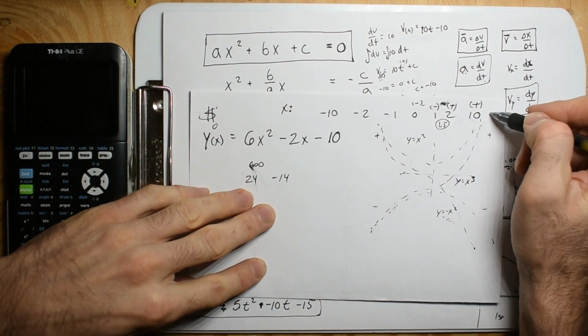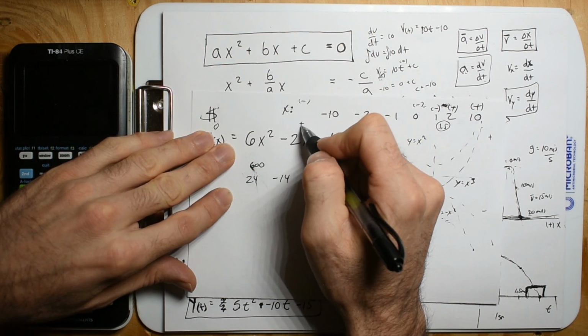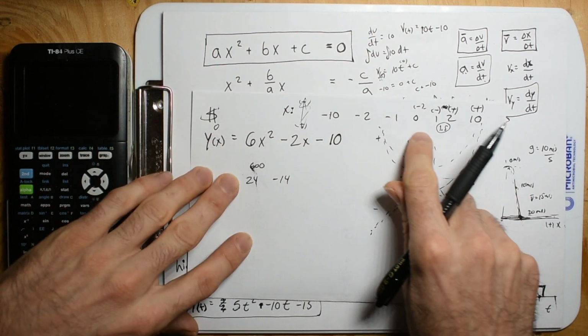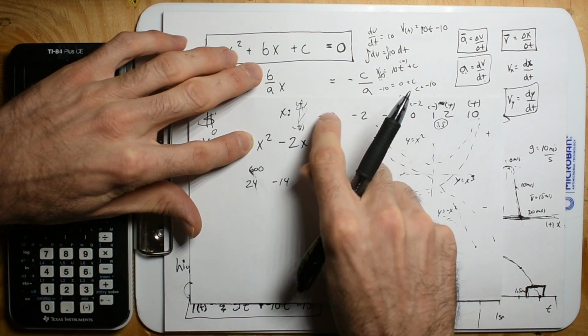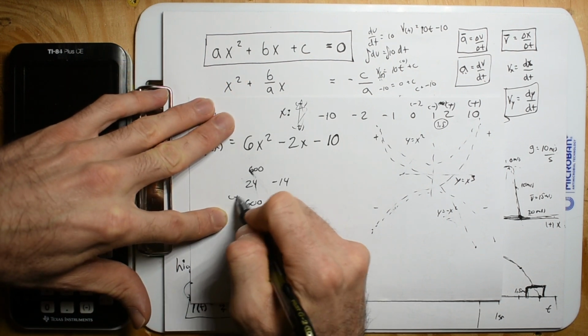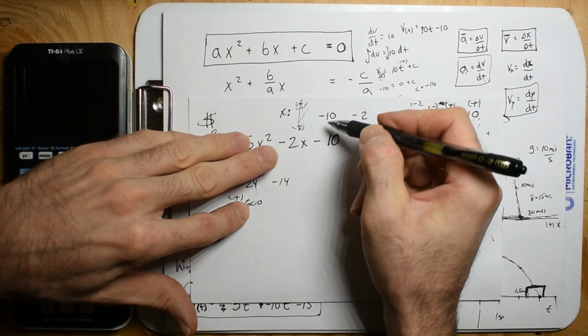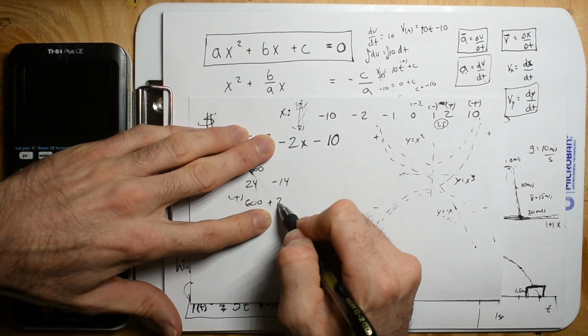Because polynomials start and end at infinities, let's see if this ends at negative infinity or positive infinity. When I throw in negative 10, squared is still 100. So this value is still positive 600. And then when I throw in negative 10 right here, this is going to be a positive 20.